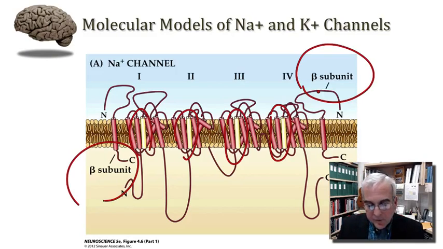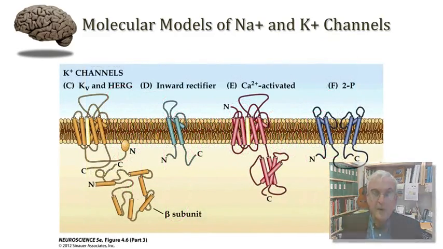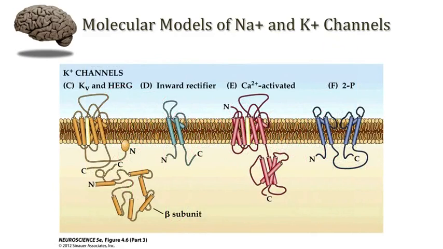Okay, so that's a brief look at the sodium channel. We actually know more currently about the molecular structure of potassium channels. One perhaps surprising fact is that there are a large number of genes that encode potassium channels, and potassium channels can have multiple different forms that have different physiological properties owing to their distinct molecular structure.